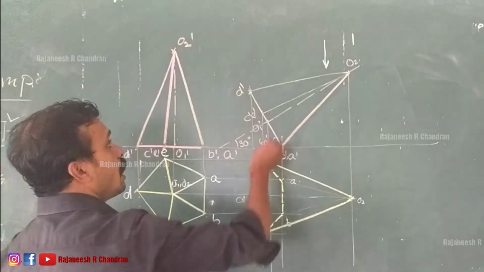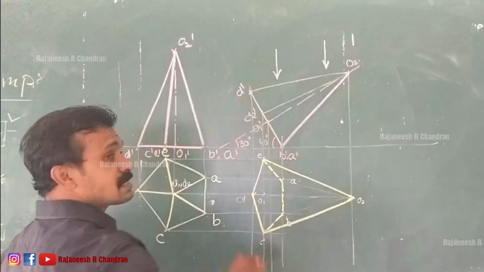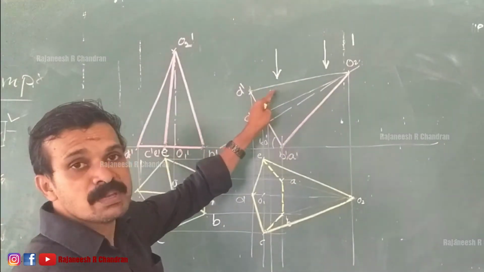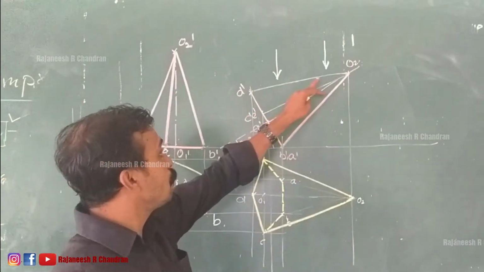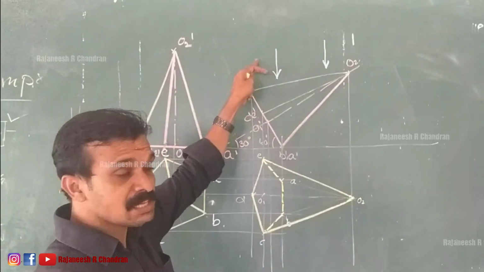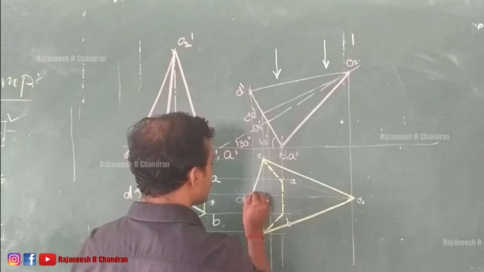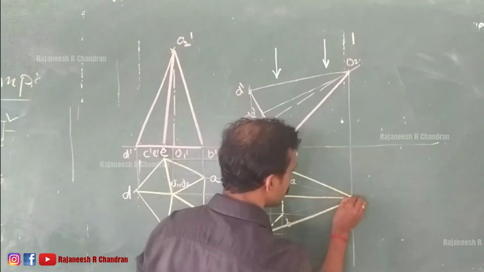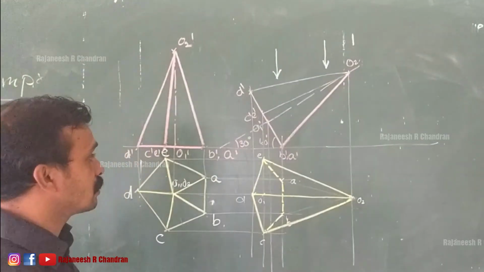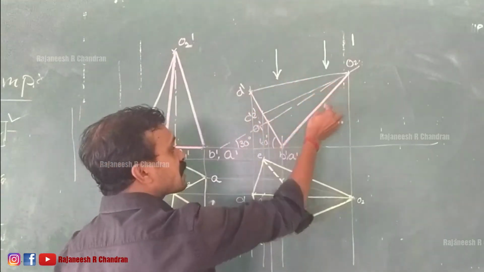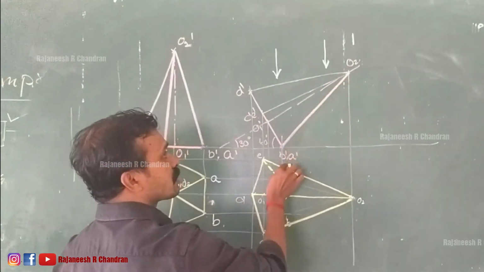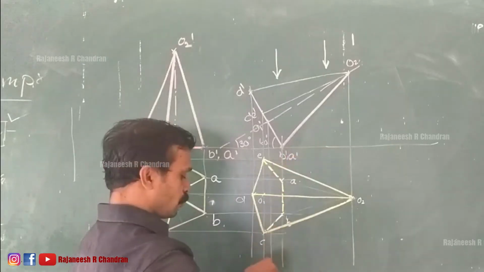Now, the third point is the nearer edge will be visible in the opposite projection. See, O2 dash D dash is nearer, so that will be visible in the opposite projection. That means this edge will be visible, so that should be dark. Similarly, the farther edge will be invisible. Here the farther edges are O2 dash B dash and O2 dash A dash.